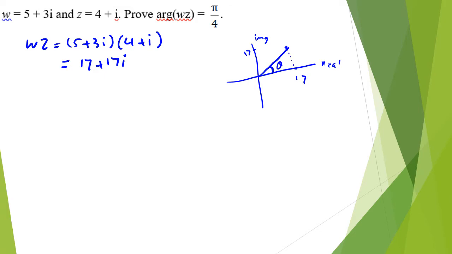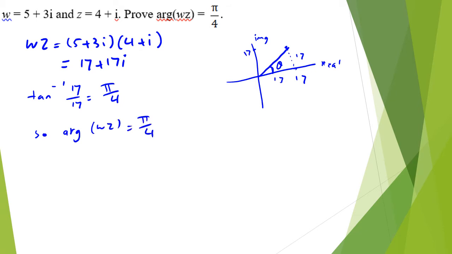The opposite of theta is 17, and the adjacent of theta is 17. So tan inverse of 17 over 17 gives me pi over 4. So the argument of wz is pi over 4.